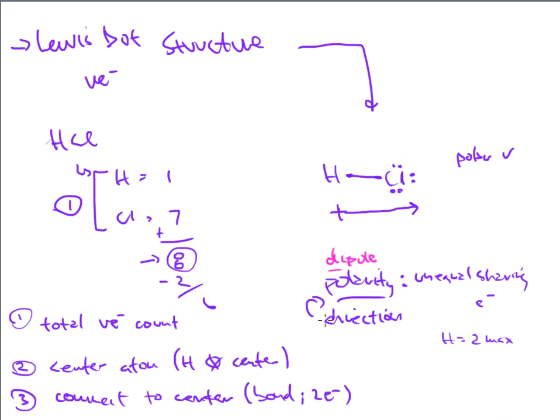If they say show the direction of the dipole, that basically means the same thing as what we just did. They want you to show the arrow, and they want you to point the arrow toward the most negative side, and then draw that tick mark onto the most positive side of the house. So dipole and polarity are words that are used interchangeably here. They both mean the same thing.